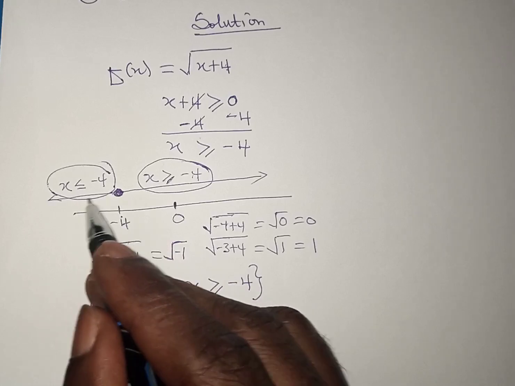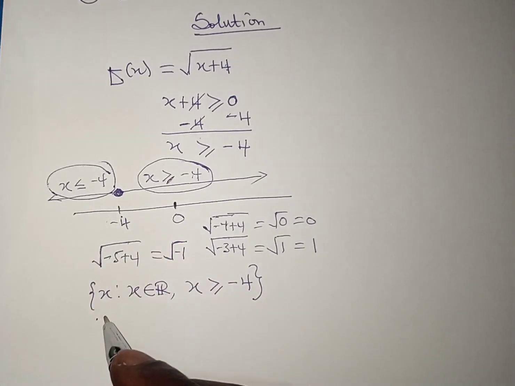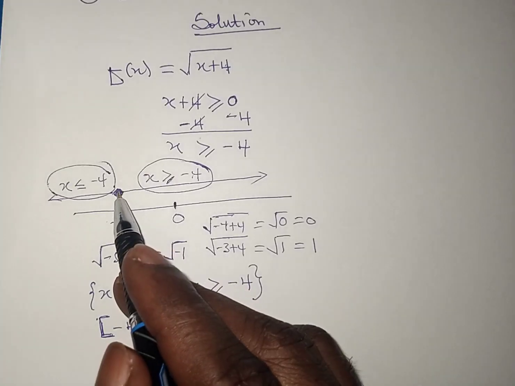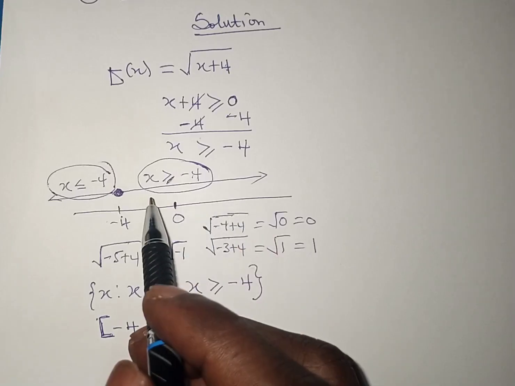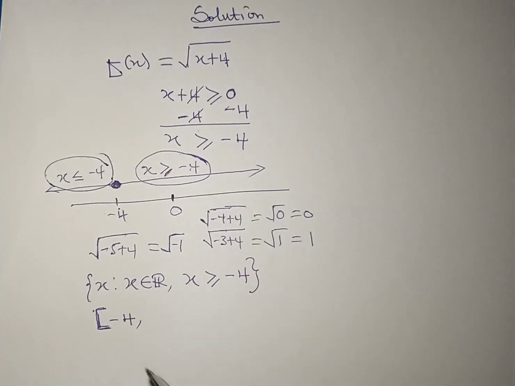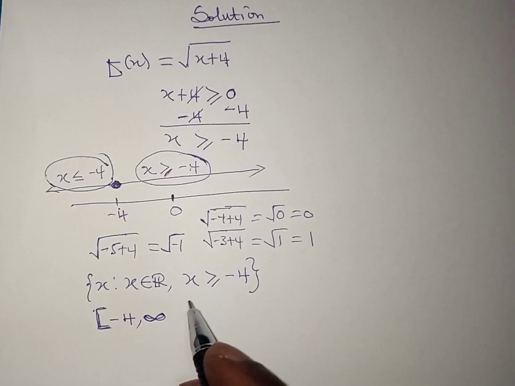It doesn't continue, it ends at -4. So that part is closed. So I will do this, and then I'll write my -4, comma, to infinity, because if you move to the right direction, you go and go and go to infinity. It doesn't end. So I will use the symbol for infinity, and that will be positive infinity.